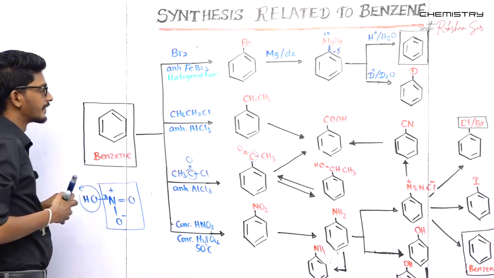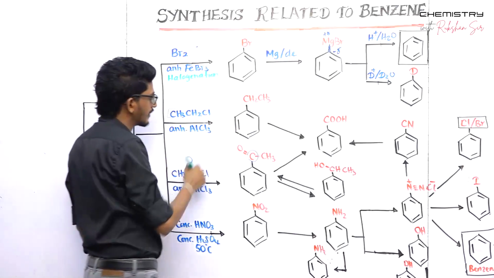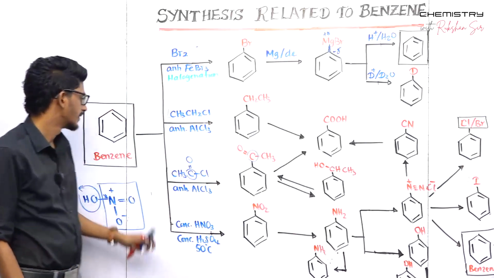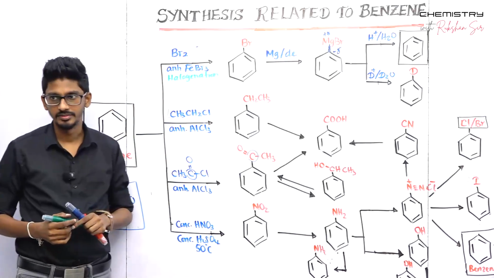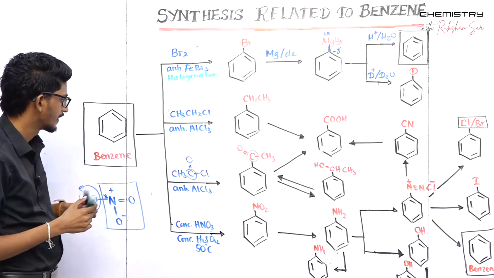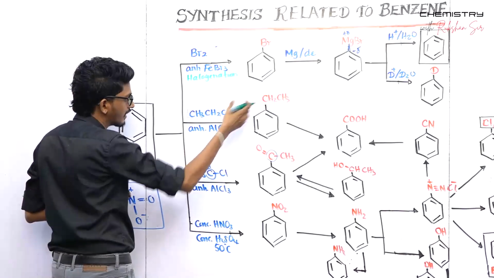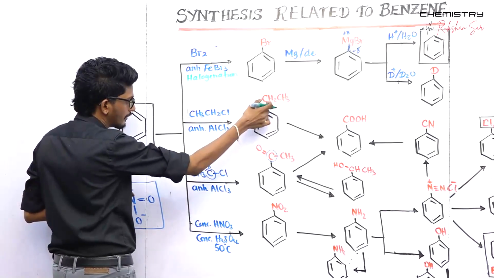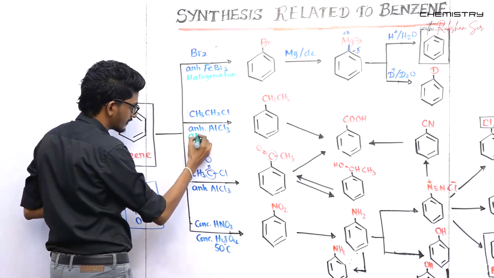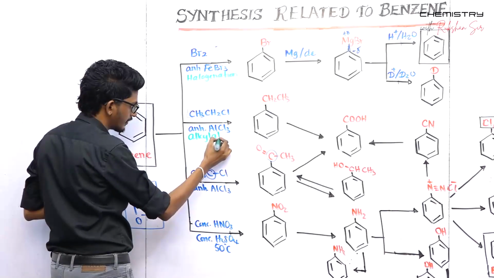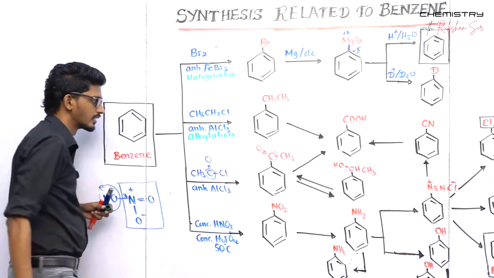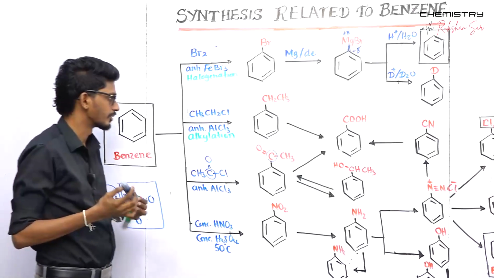Then let's discuss the second pathway available for reactions with benzene. That is referred to as alkylation, connecting an alkyl section to your benzene ring. Let's discuss that.